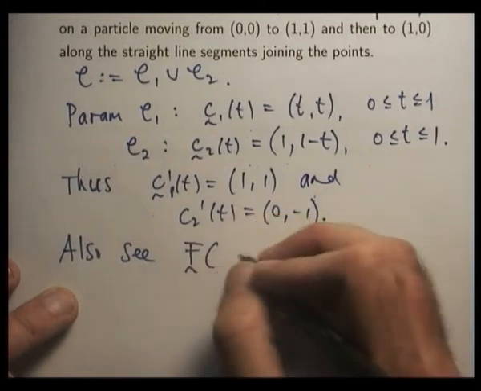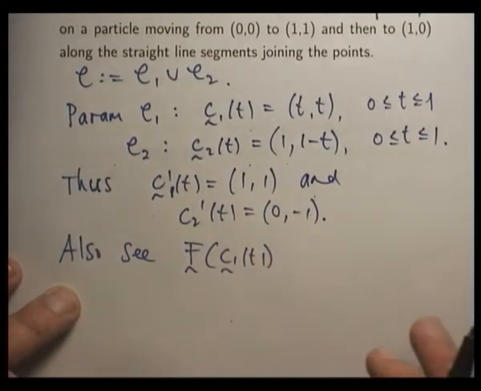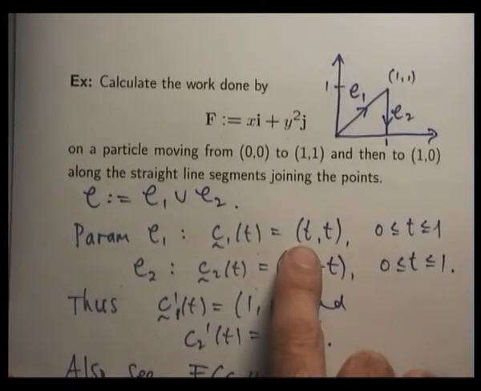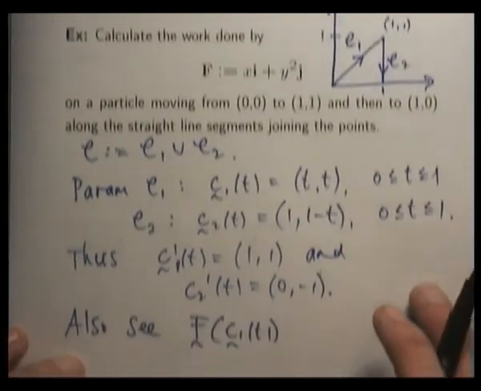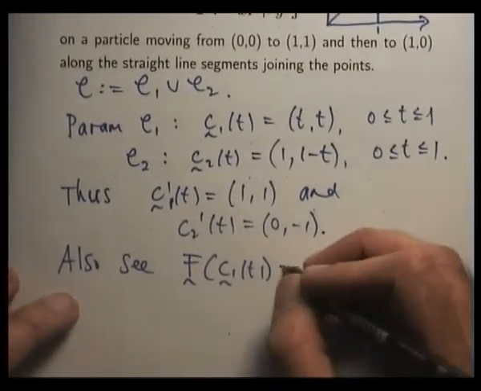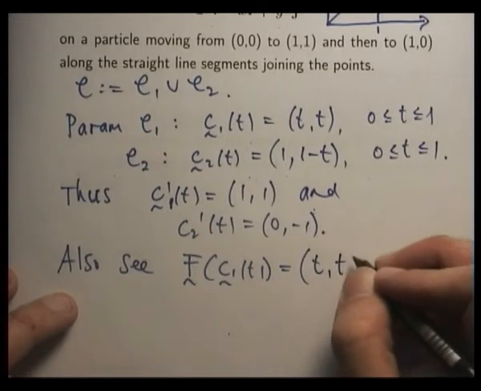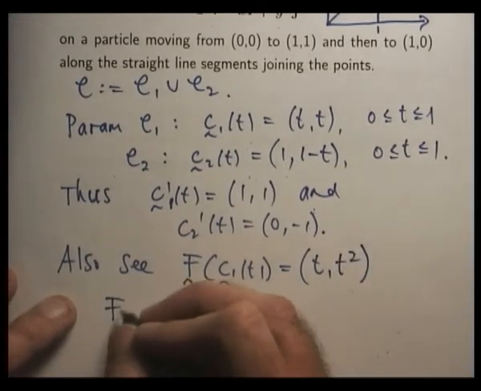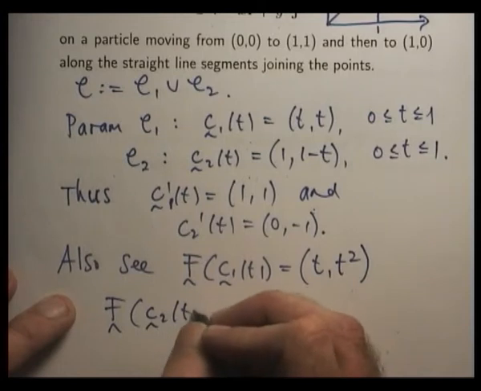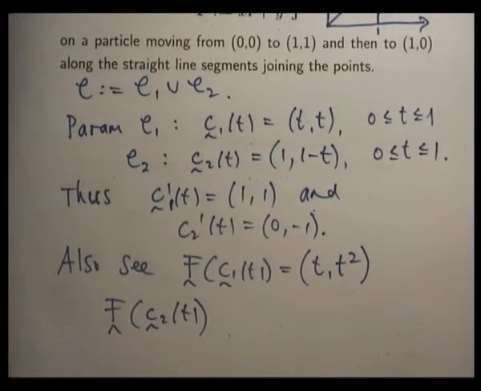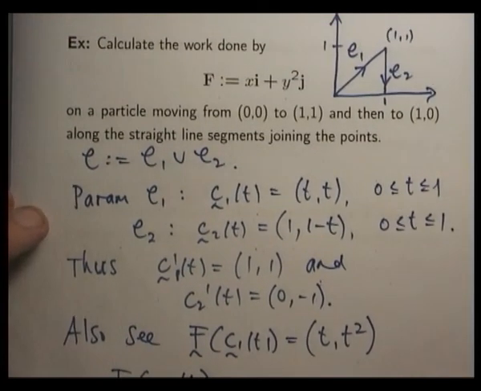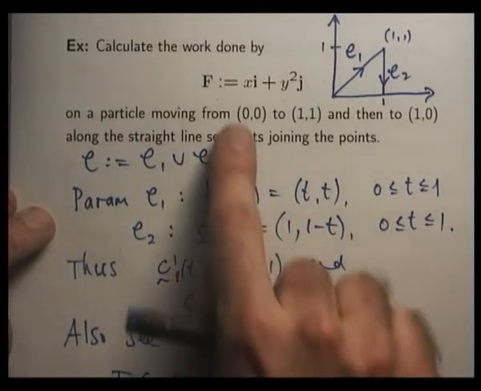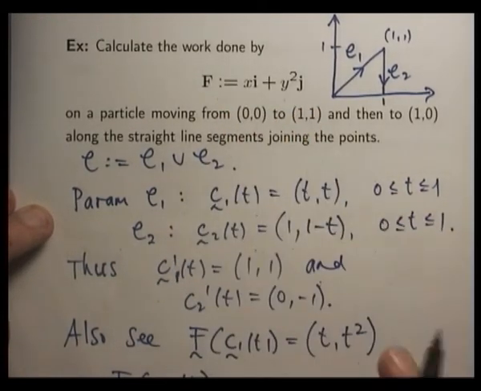Okay, f along C1, well, x equals t, y equals t, so I sub in here and here. So I'm going to get something like (t, t squared). And for f along C2, what am I going to get? Well, x equals 1, y equals 1 minus t.